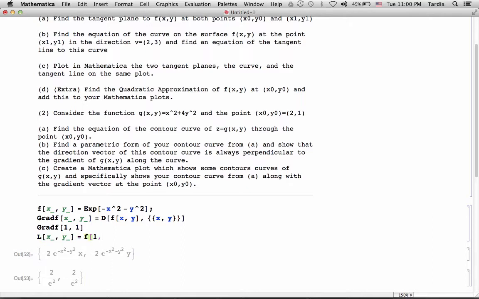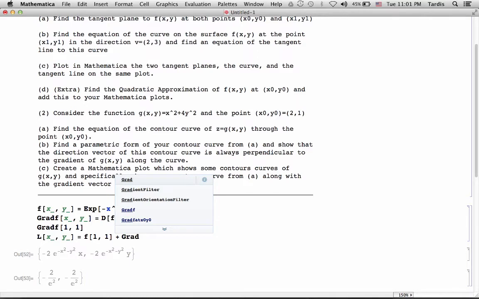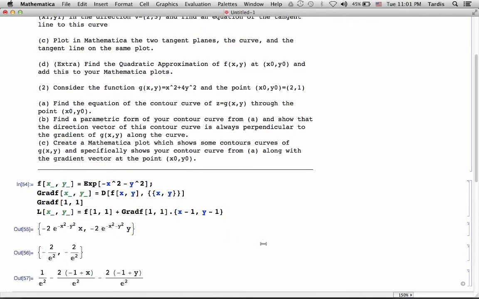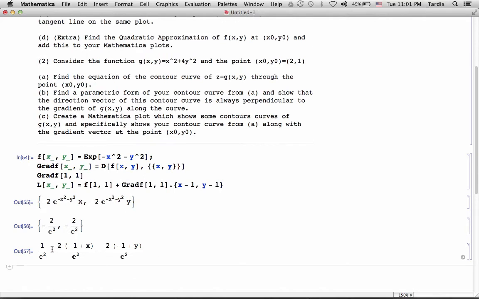It would be the function evaluated at 1, 1, plus my gradient of my function evaluated at 1, 1, and then I need to compute a dot product of that with the vector x minus 1, y minus 1. That's the really simple way to write your tangent plane formula. And there is your tangent plane, which you could easily plot with Plot3D.